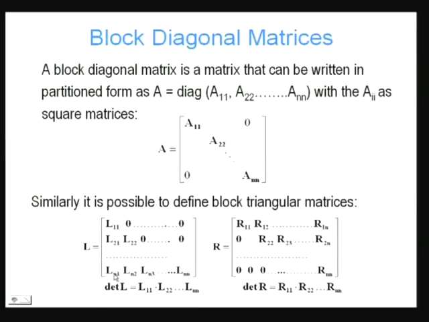However, when we try to evaluate the determinant of this block triangular matrix L, we can basically do the same thing that we did earlier. So determinant of L is equal to L11 times L22 times Lnn, exactly like we did earlier. Similarly, determinant of R is equal to R11 times R22 through Rnn. So the same structure which individual upper triangular and lower triangular matrices had continues into block triangular matrices.